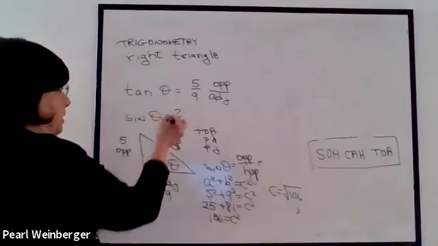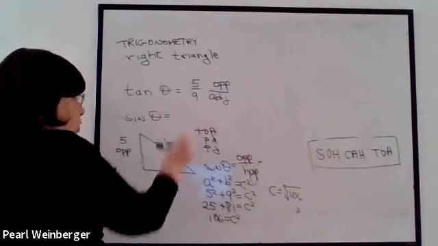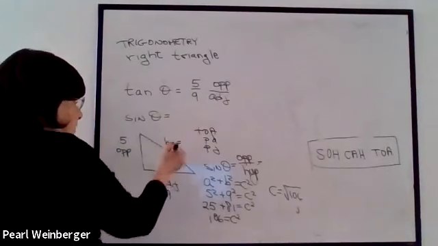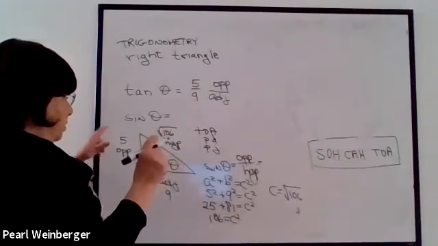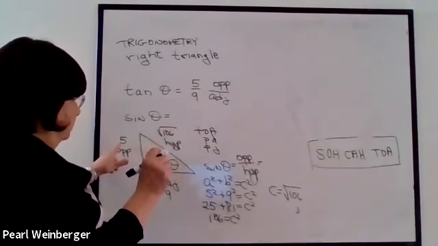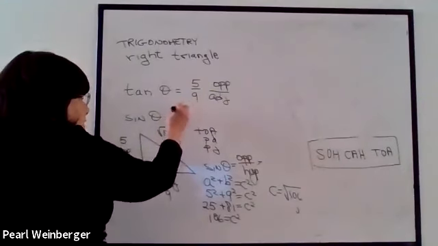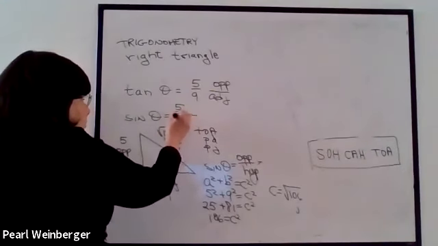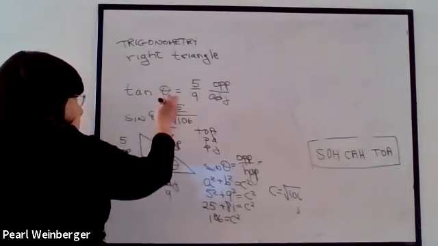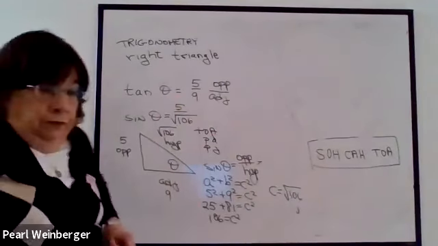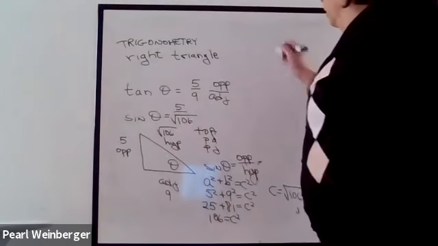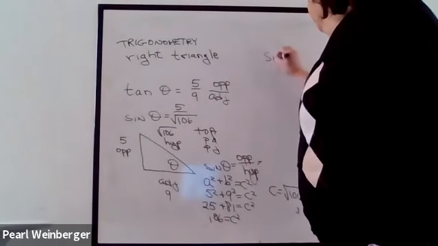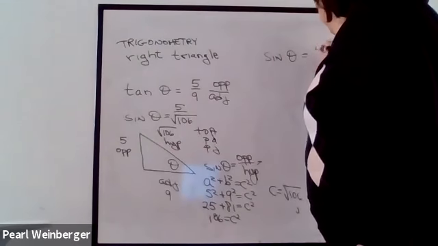So if I go to my sine, I'm doing the opposite side, which is 5, and this hypotenuse is the square root of 106. Now, two things. My answer is coming out to be 5 over the square root of 106.